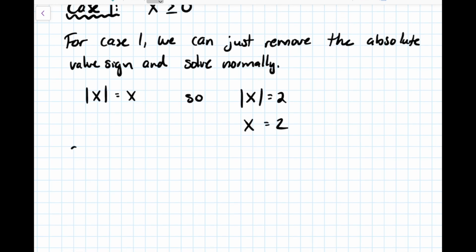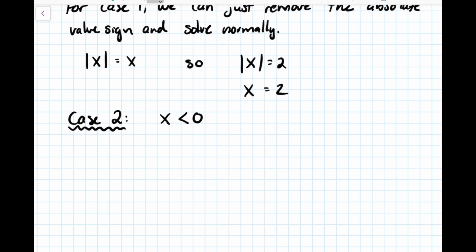For case 2, that happens when whatever is inside the absolute value, which in this case is x, is less than 0, is negative. So we've established when this happens, and now we've got to see what happens. So for case 2, just like we did with our piecewise functions in the last video, we're going to take whatever is inside the absolute value, and we're going to find the opposite by multiplying it by -1.